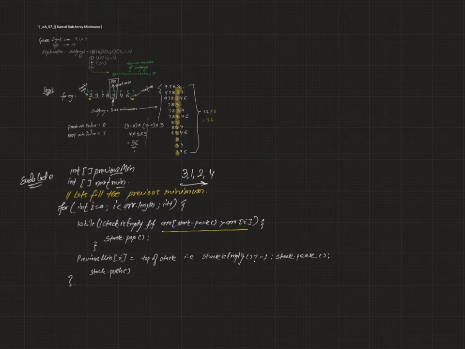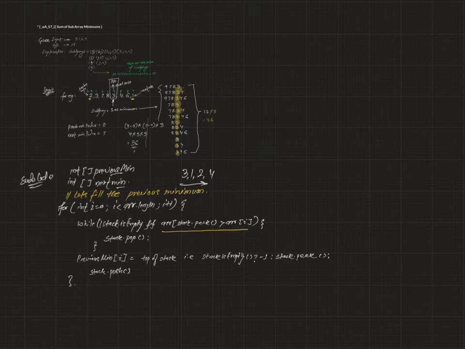So monotone stack: if the condition is satisfied, we keep popping out the elements from the stack. Here, if the top of the stack is greater than the current value, that means we found at least one minimum for whatever elements are present in the stack.